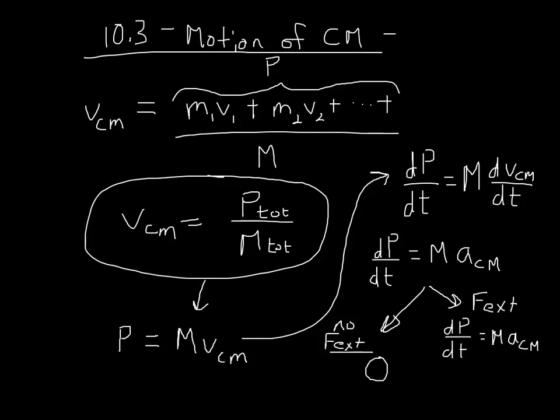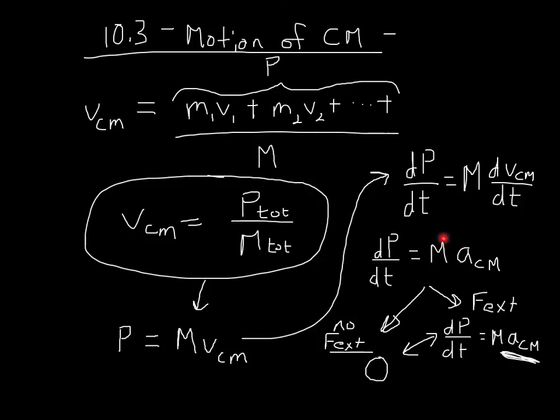So a good quiz question to ask would be, what is the difference between these two situations? What is the acceleration in these two situations? How are they different? We know that we have some acceleration if there are external forces. If there are no external forces, then the derivative of momentum, dp dt, has to be equal to 0.